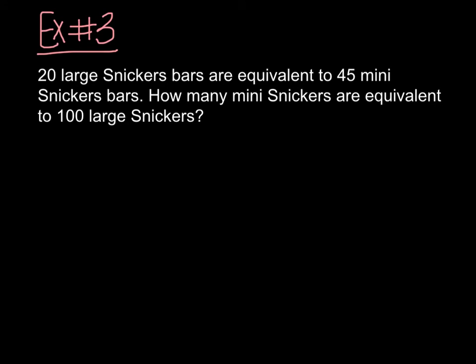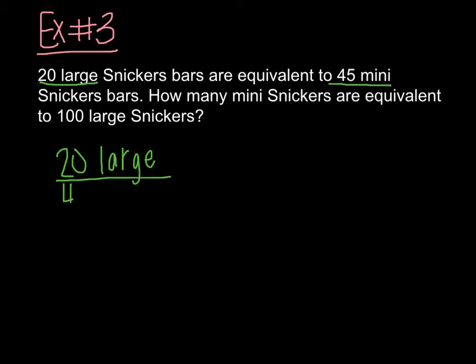Example number 3. We're going to do the same thing we just did in example 2. So 20 large Snickers bars are equivalent to 45 mini Snickers bars. So we have 20 large to 45 mini.